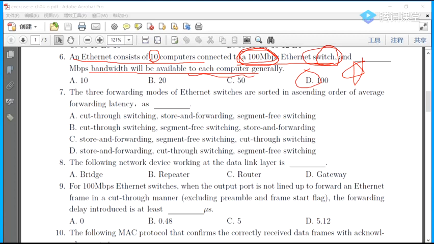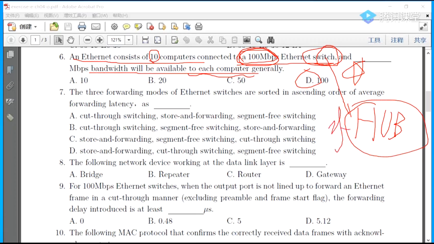So if this is not a switch, if we change to a hub, if here we don't use an Ethernet switch but we use a hub, then the answer is not D. If we use a hub, then A is the answer.